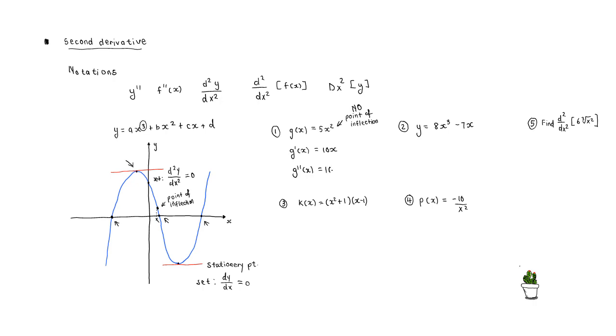So this just means that all along your first derivative function, the gradient of all the tangent lines is just a constant gradient of 10. So in example number 1, the second derivative function does not speak in any way to a point of inflection. We only talk about points of inflection when we talk about the cubic function.